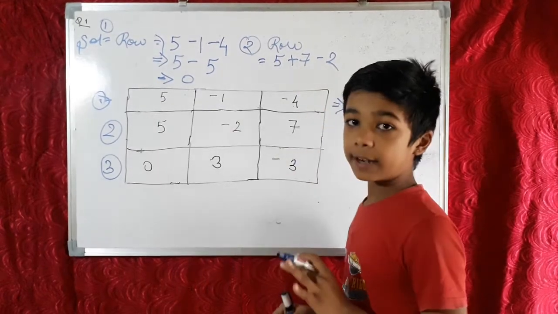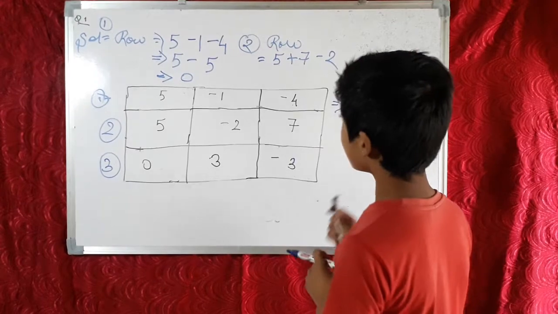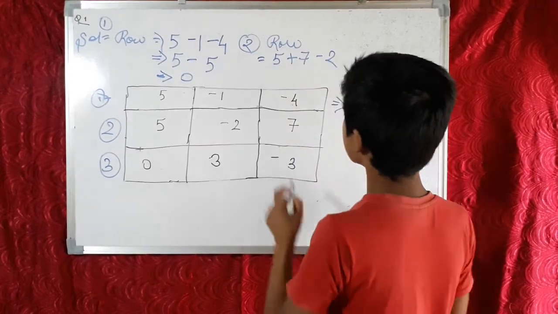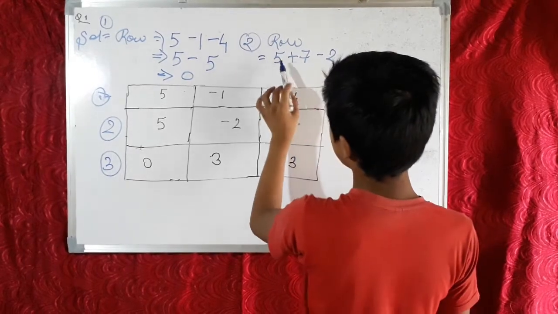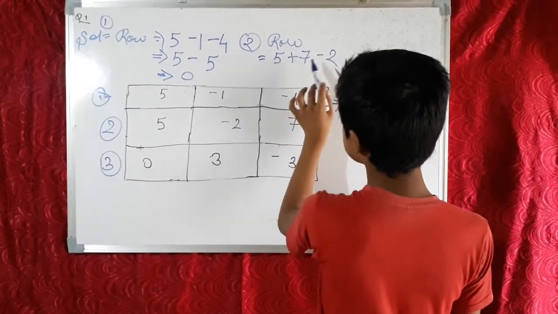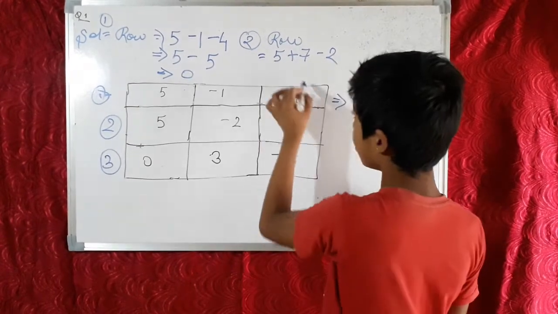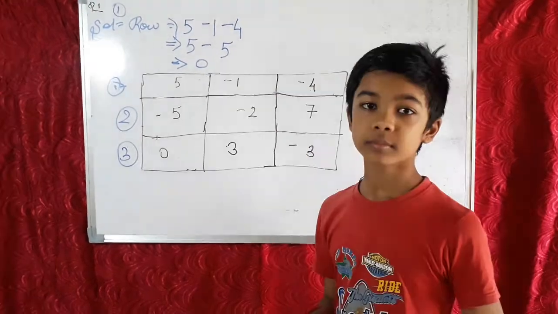So we will add firstly the variable, then we will add this side. We can do addition also first, but firstly we will do the subtraction. 7 minus 2 becomes 5.